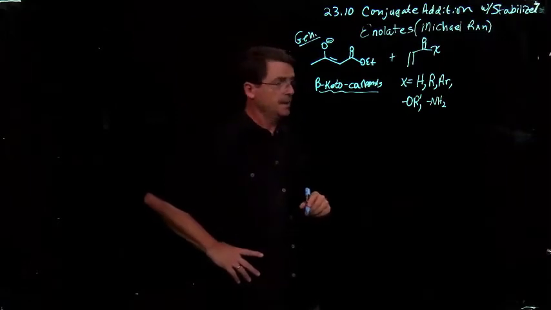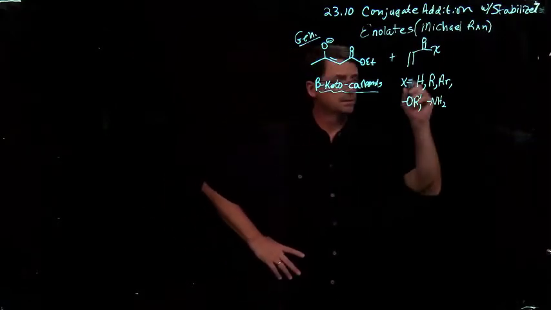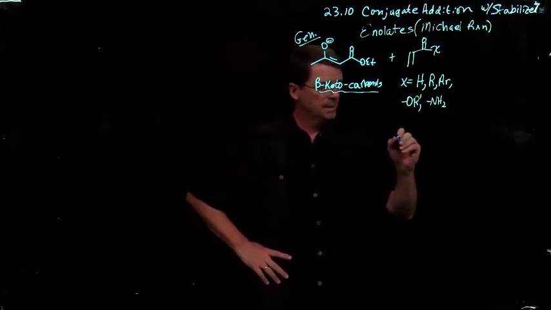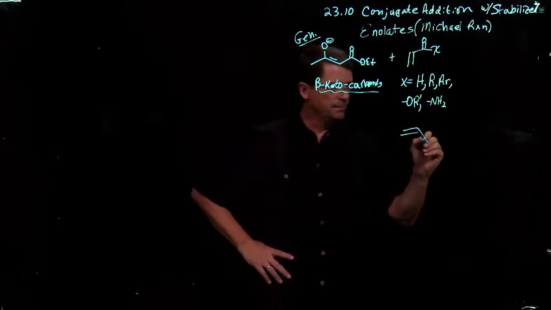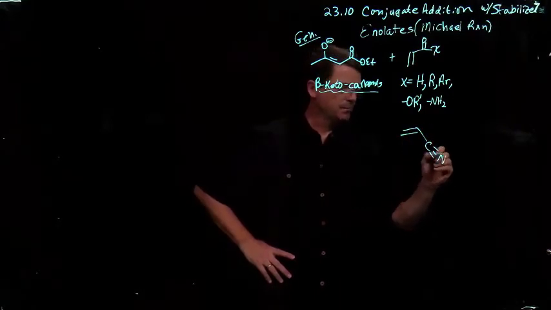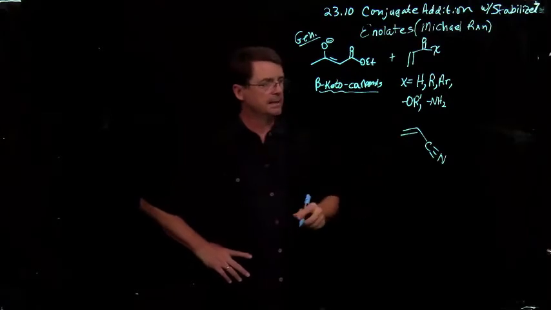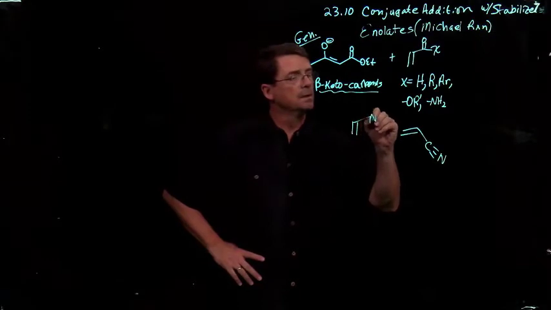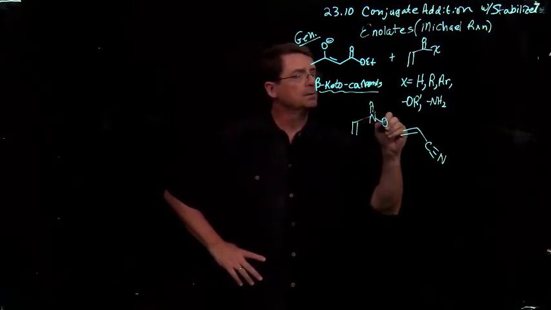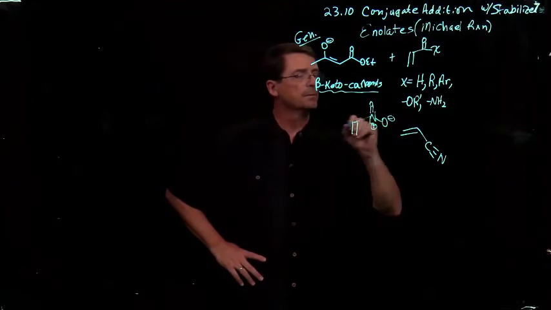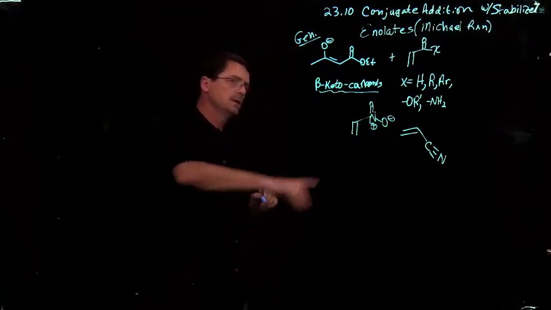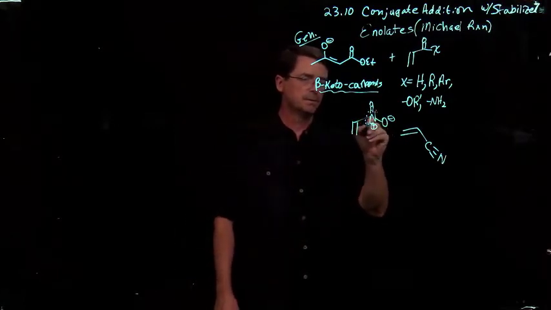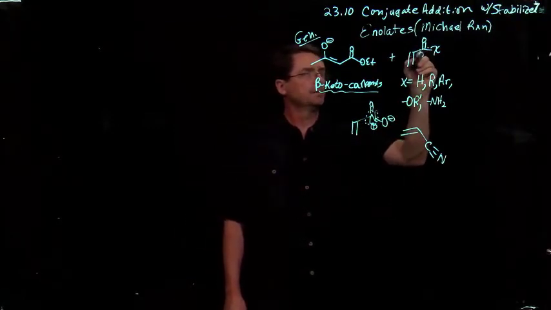And then there are a couple more good Michael acceptors, the electrophiles in this case, that I want you to be aware of. For instance, substituted nitriles. Now you know that a nitrile is like an ester. And then there's one other that's very useful, the NO2 group, and I've tried to draw the NO2 there to help you see how it relates to this carbonyl.